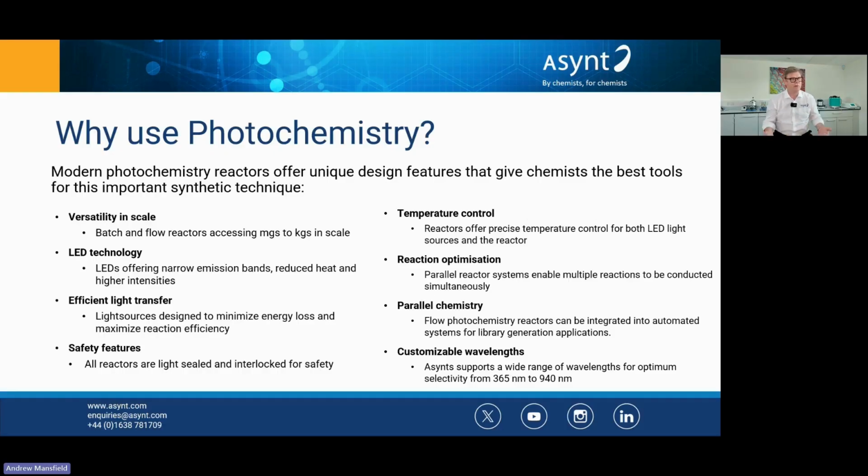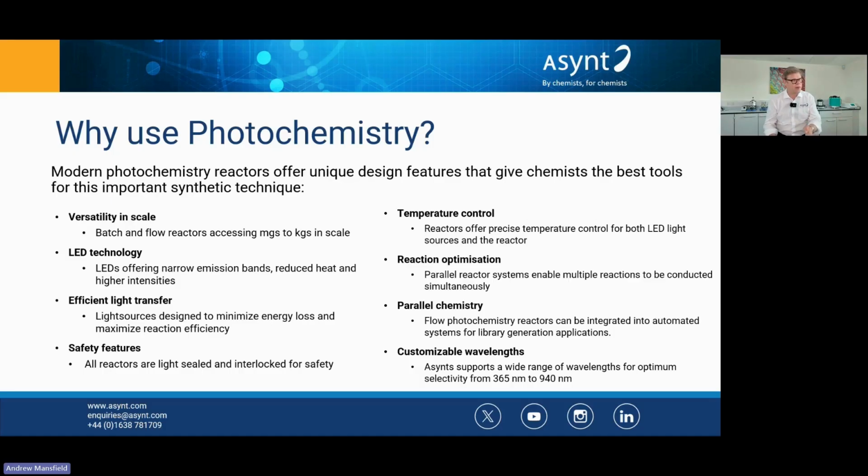We can use parallel reactors for optimization approach. We can use continuous photochemistry in an automated principle where we can run series of reactions to look at different substrates, different chemical space, for example, to make arrays of compounds.